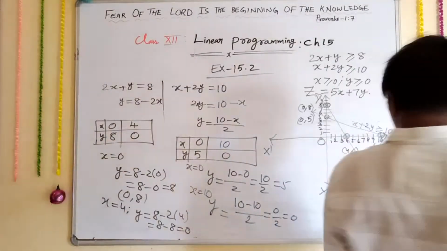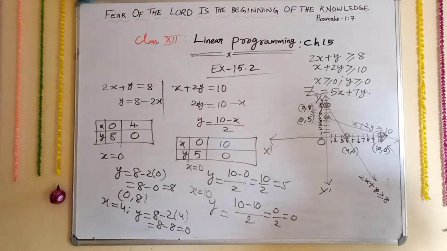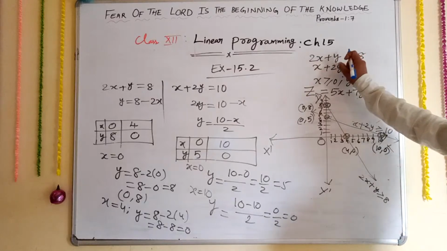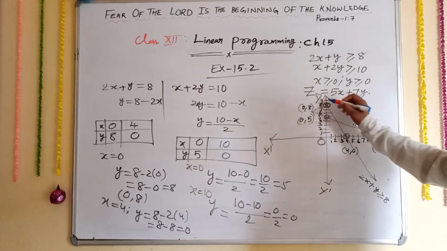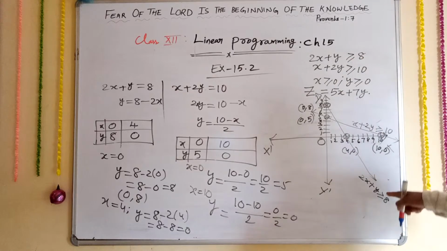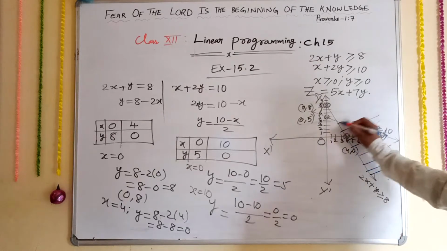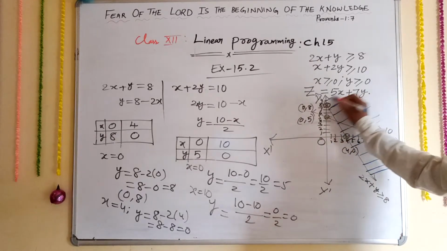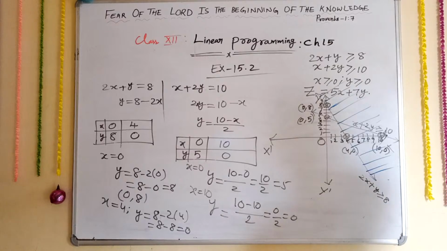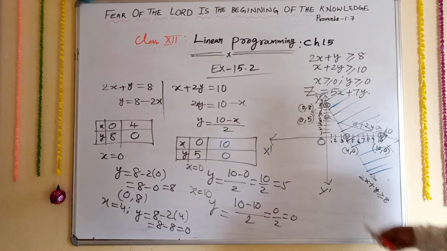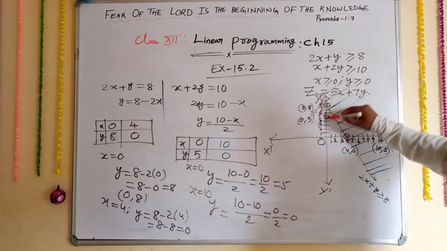Right. Now first here, first one is equal to 8. So that is 2x plus y. This is your 2x plus y greater than or equal to 8. You draw like this. Greater than means upside. Next, same method. Next here, x plus 2.